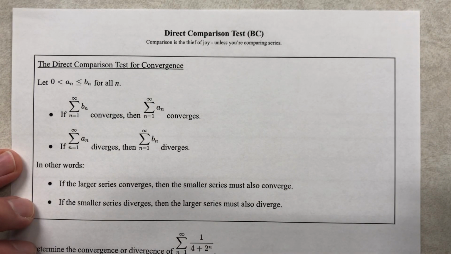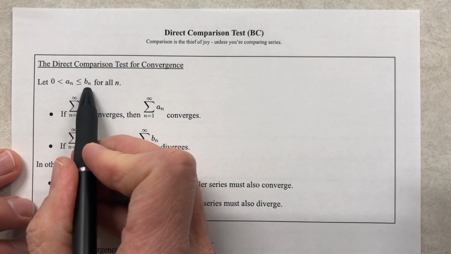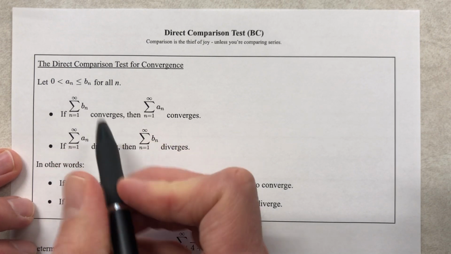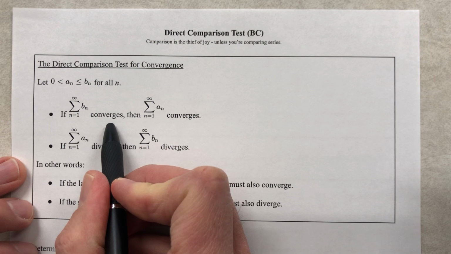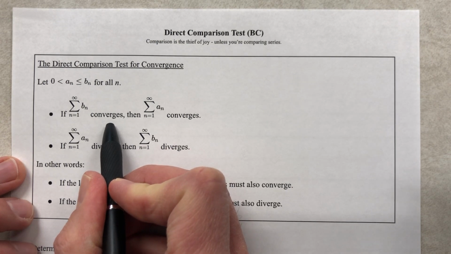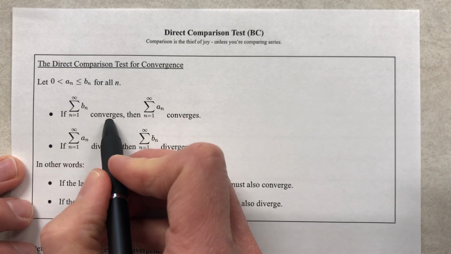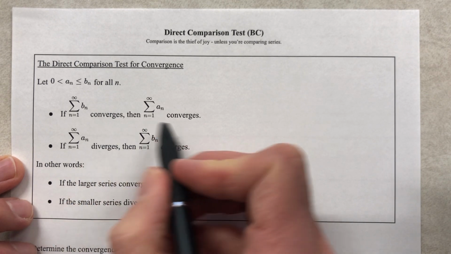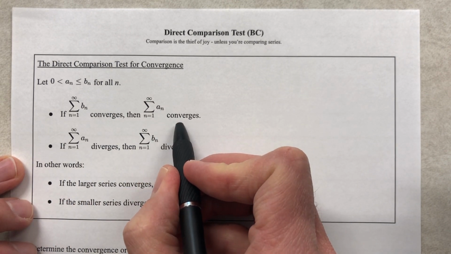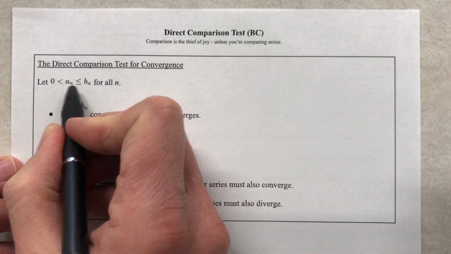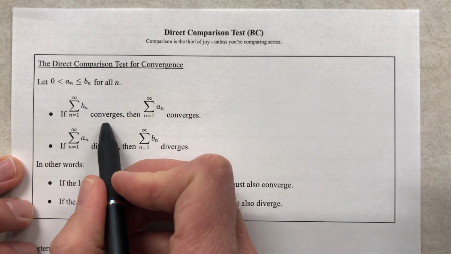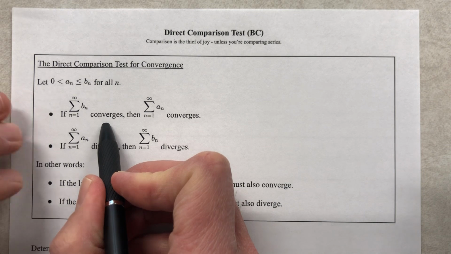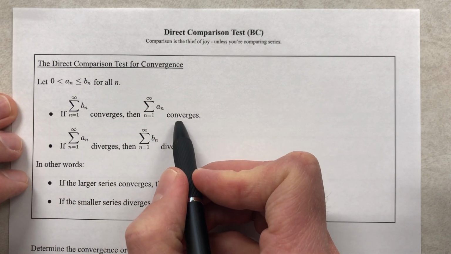If I have some series that is the large series and it converges, and that means that I am able to determine that it does not approach infinity, right? If the big series doesn't approach infinity, then the smaller series definitely doesn't, okay? Again, B's the big one, A's the smaller one. So if the big one converges to a specific value, then the smaller one must also converge.